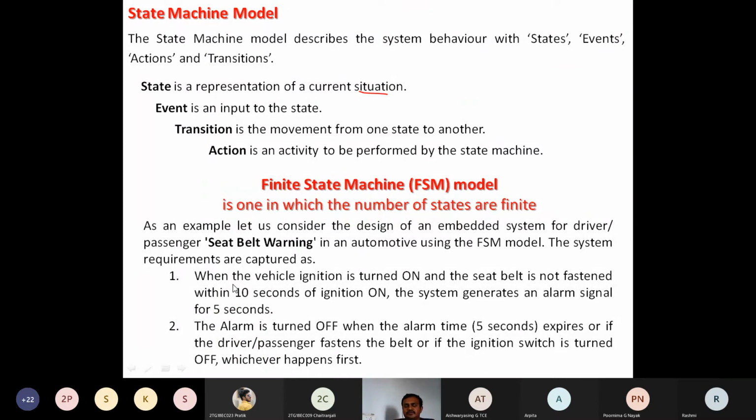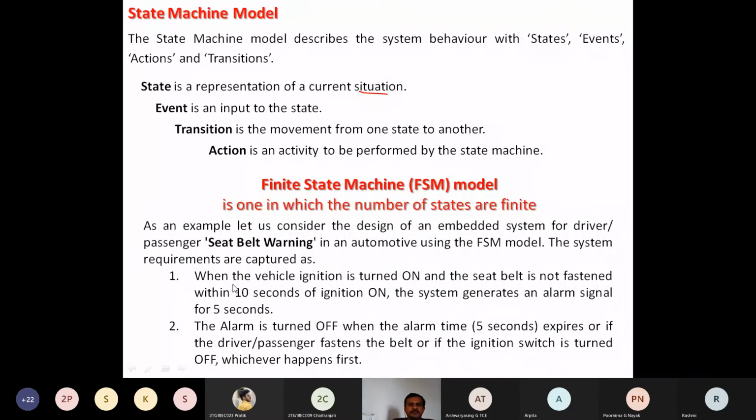I ask you guys, those who use a car, let me ask only one question. Are you familiar with this seat belt warning system? Anyone? Those who are familiar can explain. Before going to that, let me know how familiar you are with that process.